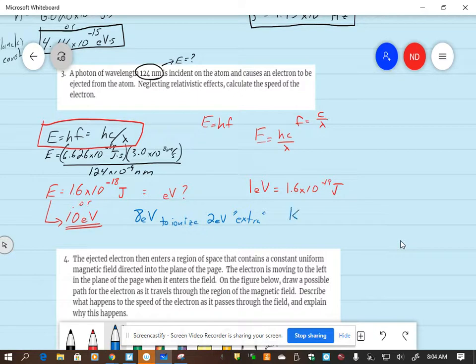Well, kinetic energy equals 1/2 mv squared. So we have 2 electron volts. But wait, if I do this in mass and kilograms, I can't have this in electron volts.